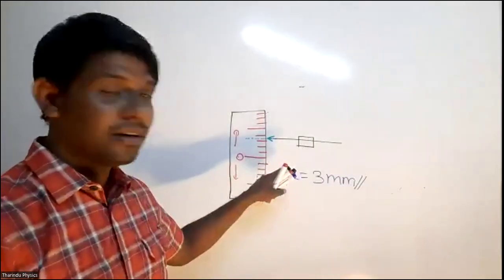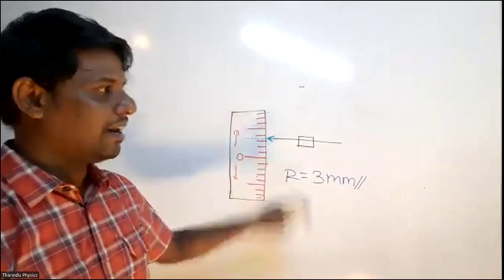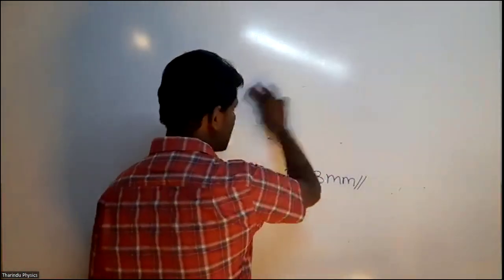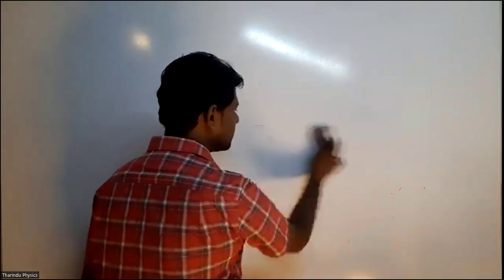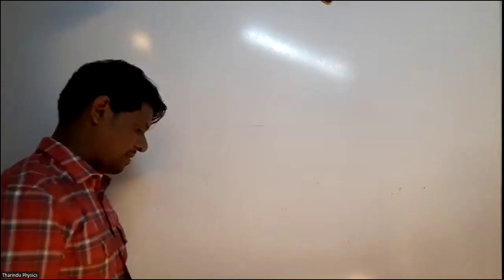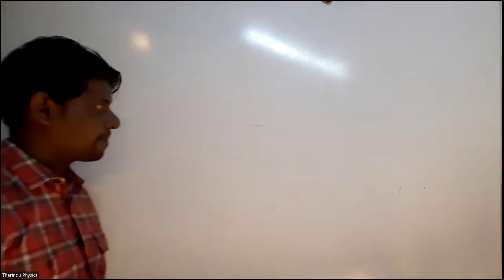How to read the circular scale? Before going for the circular scale reading, I would like to test your understanding.